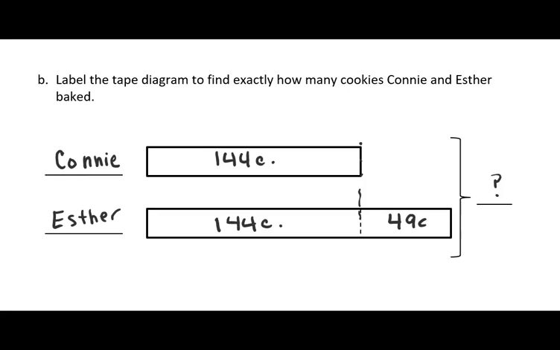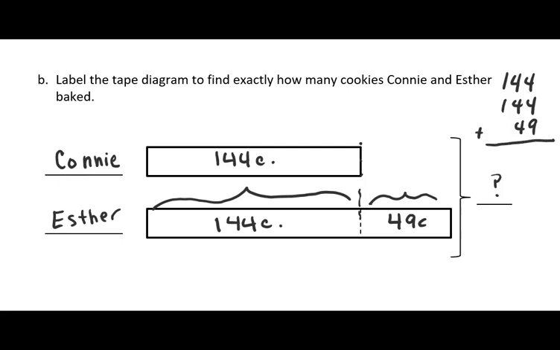So we can add 144, which is Connie's, I'm going to add 144, which is this part of Esther's tape, plus the 49, which is this part of Esther's. We'll add the 3 numbers.